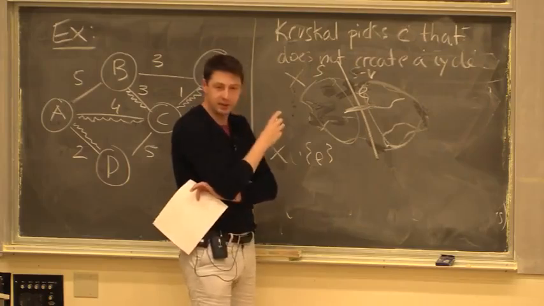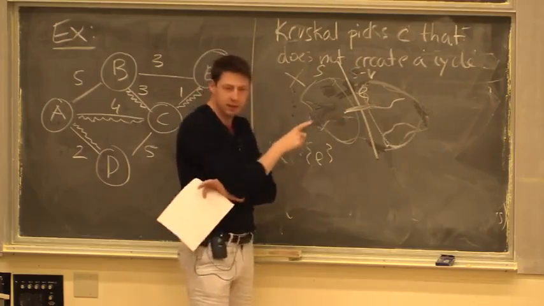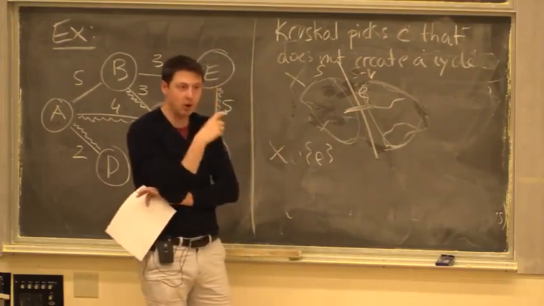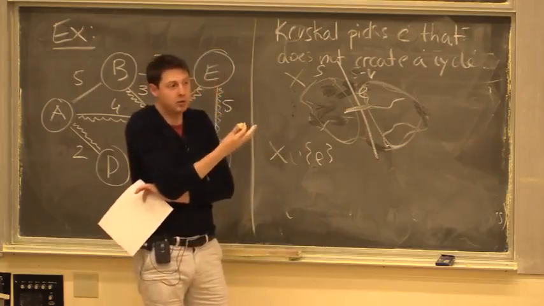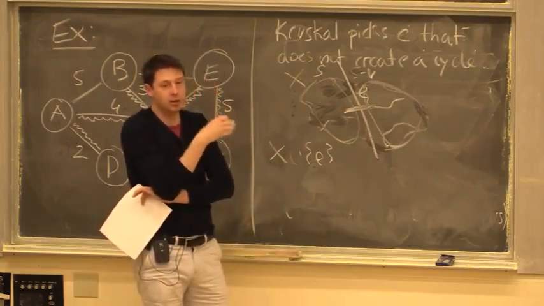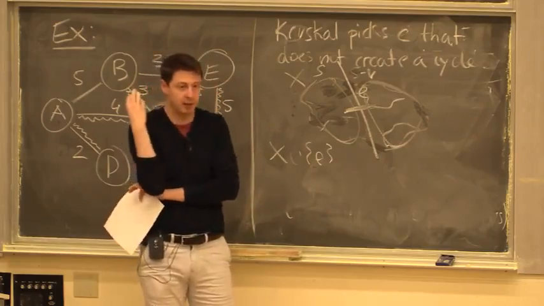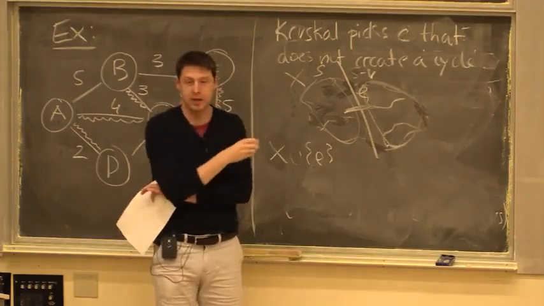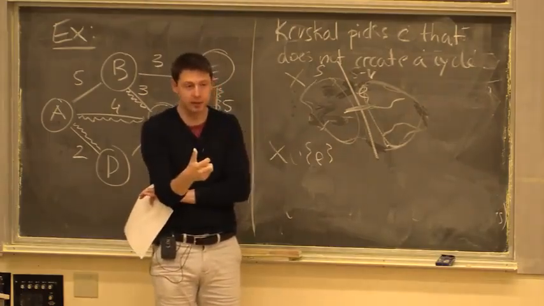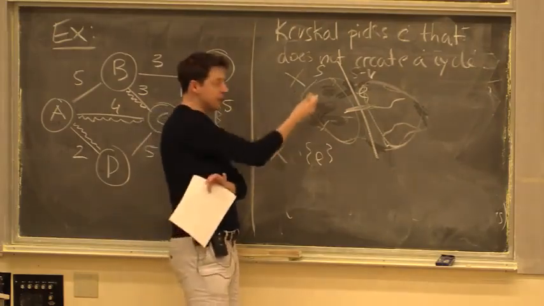But we're not done yet, right? We need to also argue that E, chosen by the algorithm, is also the cheapest across this cut. Well, how could it not be? The only cheaper things are the ones that came before. So who came before me as an edge in the algorithm? Either things that were picked already, but if they're picked already, they're in X already.